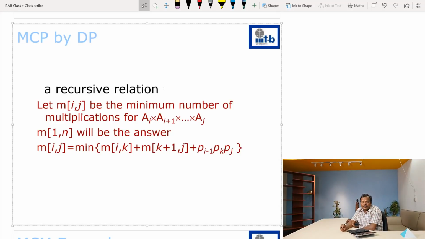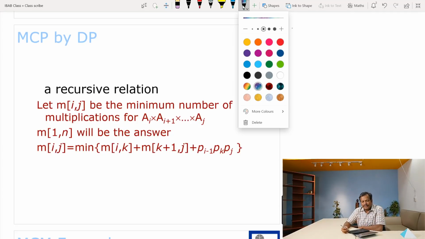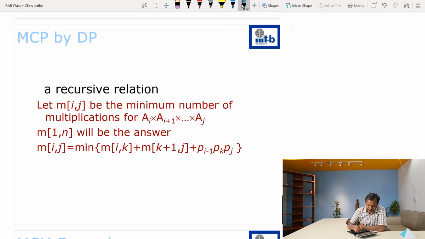M of 1 comma n will be our answer, because our objective is to multiply the matrices from 1 to n. Now that we have defined the state of the dynamic programming, we have to decide how to fill this table, right? What we have seen earlier is that if you want to multiply from i to j, first we multiply from i to k, right?